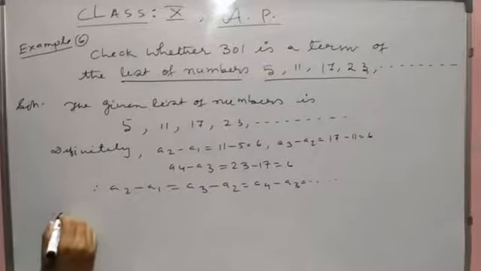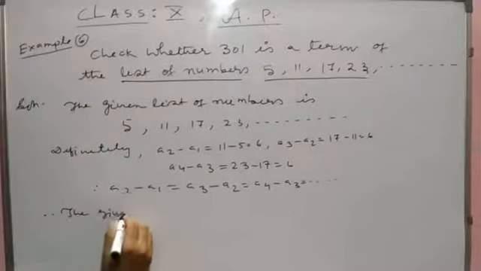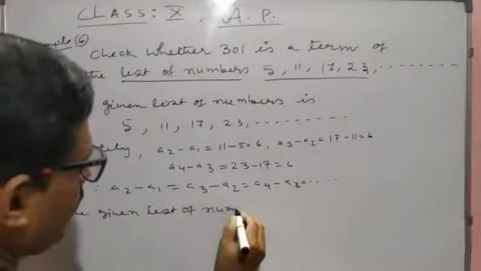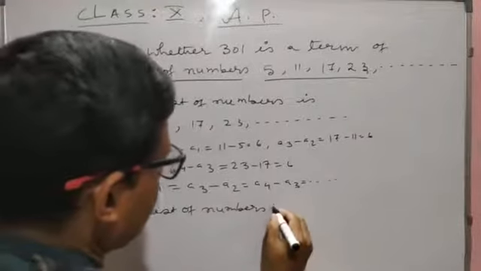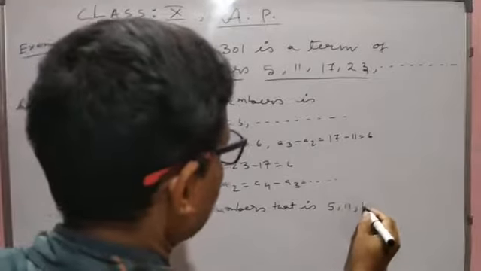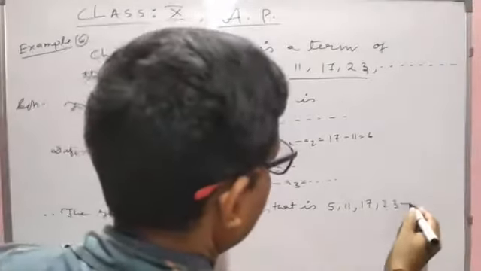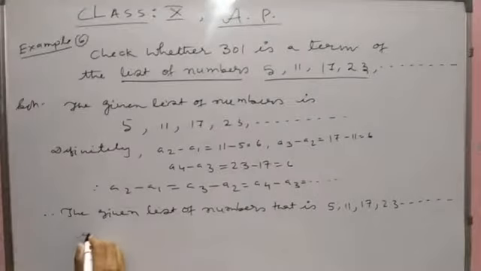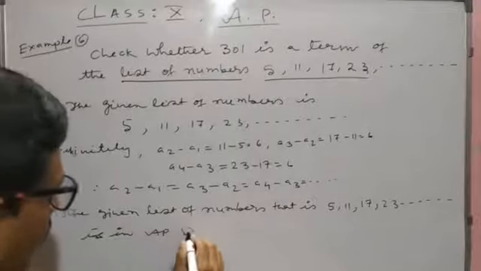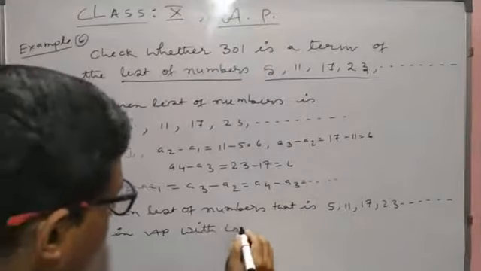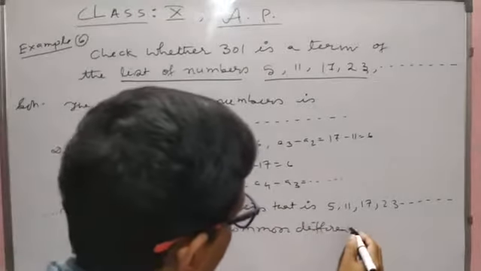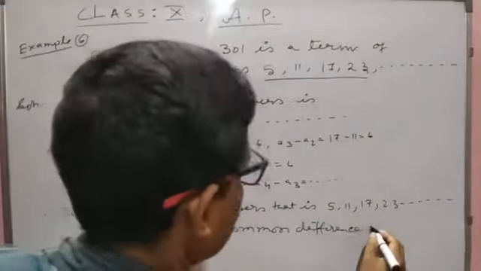Therefore, the given list of numbers, that is 5, 11, 17, 23, dot, is in AP with common difference 6.